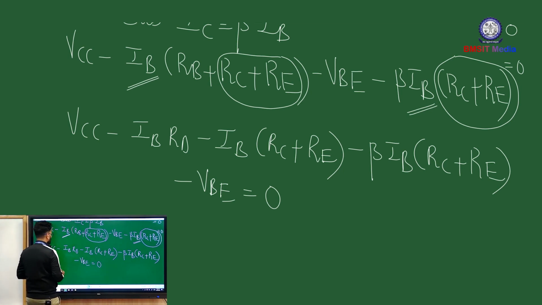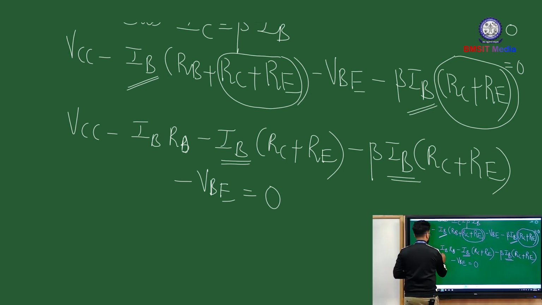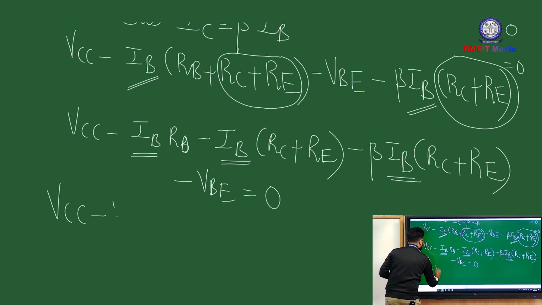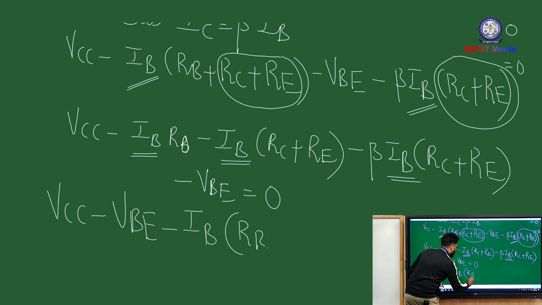Okay, now this is RB. Now you can take IB as the common factor. Okay, so we get VCC minus VBE voltage terms minus IB into, so I'm taking IB outside the bracket, so within the bracket I'm left with RB here, plus here also I'm taking out IB, right?